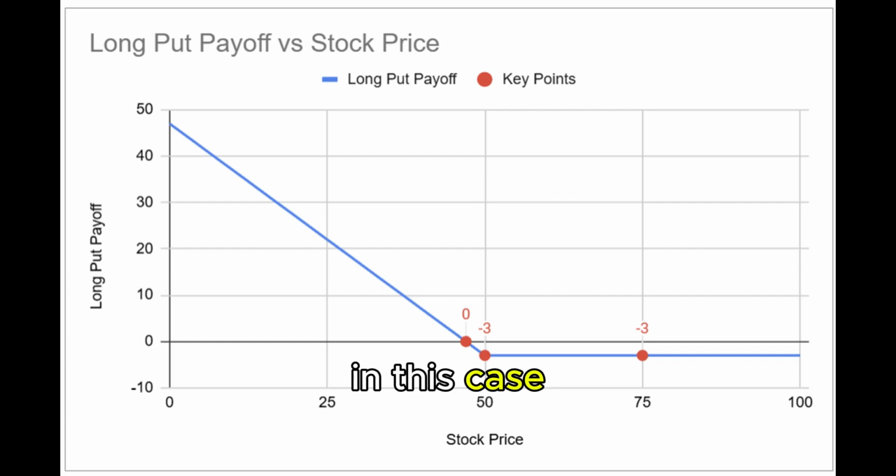In this case, your break-even is 50 minus 3, or 47. Every dollar the stock price falls below 47, your profit increases by $1. The diagram shows your profit increasing as the stock price falls, with your maximum profit occurring if the stock price goes to zero. Your loss is always limited.